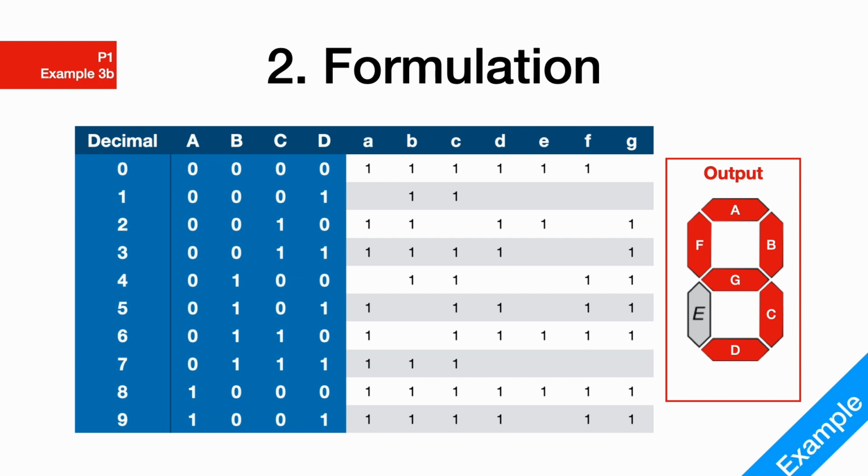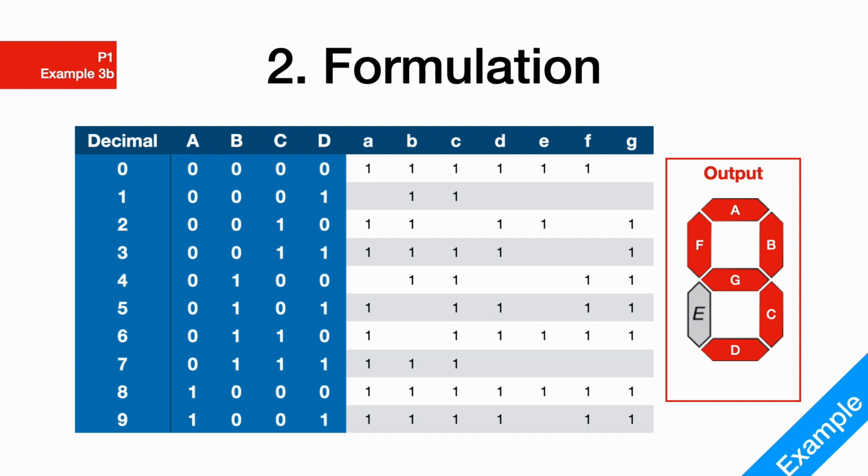Now, theoretically, it is indeed possible to go and cover all of the 16 different combinations for A, B, C, D, but since we're only expecting BCD values in the input, the rest of the values for decimal value 10 all the way to 15 is not necessary. So we can consider them don't care conditions.